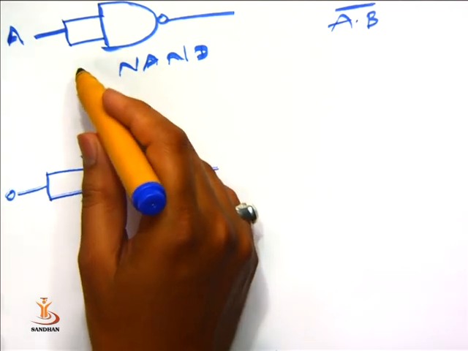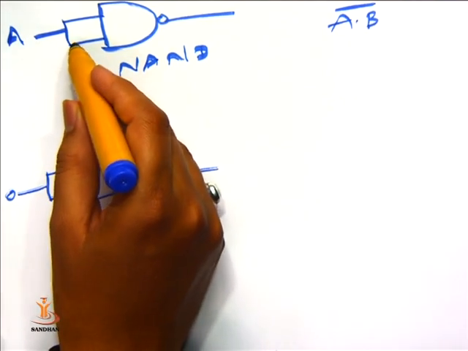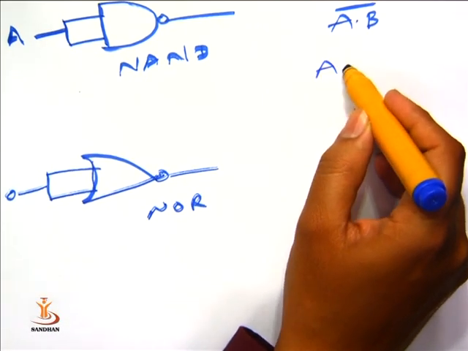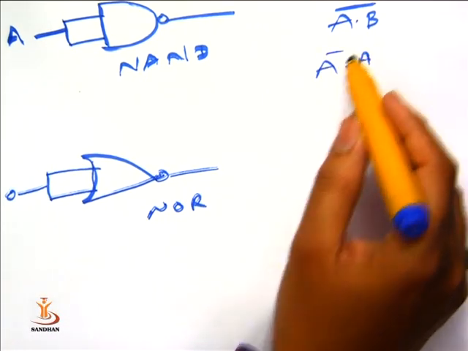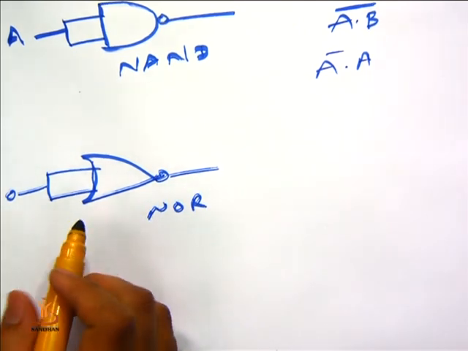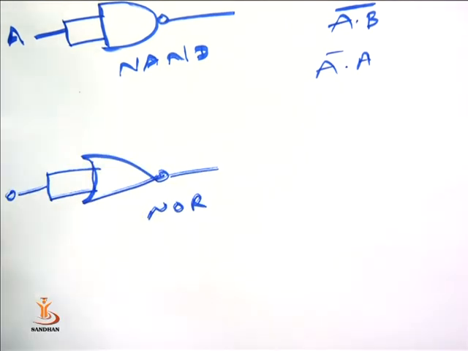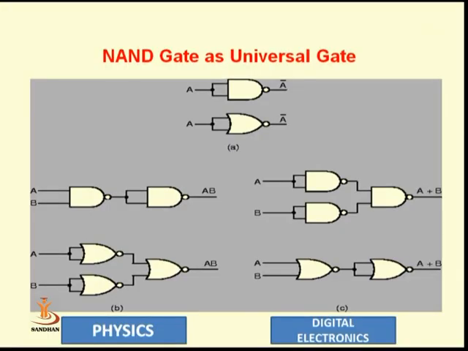But in this case, instead of B, we are using A. So ultimately we are able to construct NAND gate. We are able to construct AND gate, OR gate, as well as NOT gate with the help of this.